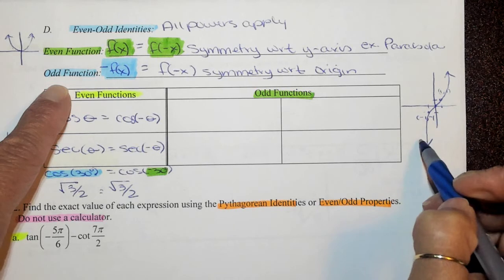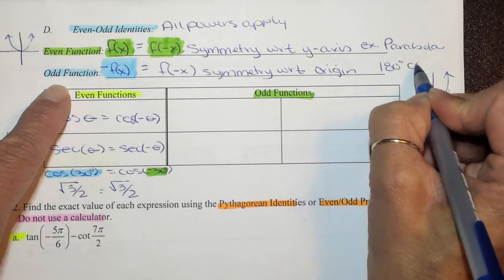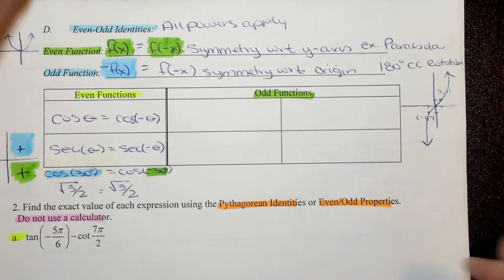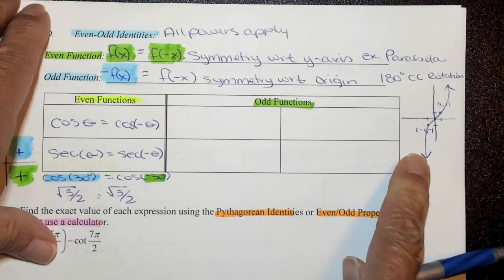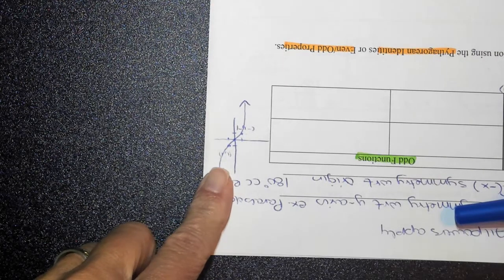Another way you can think about this is you would have a 180 degree counterclockwise rotation. And you're going to get the same thing. Meaning, if this here is your original, if I rotate this 180 degrees, the graph looks exactly the same upside down. Okay?